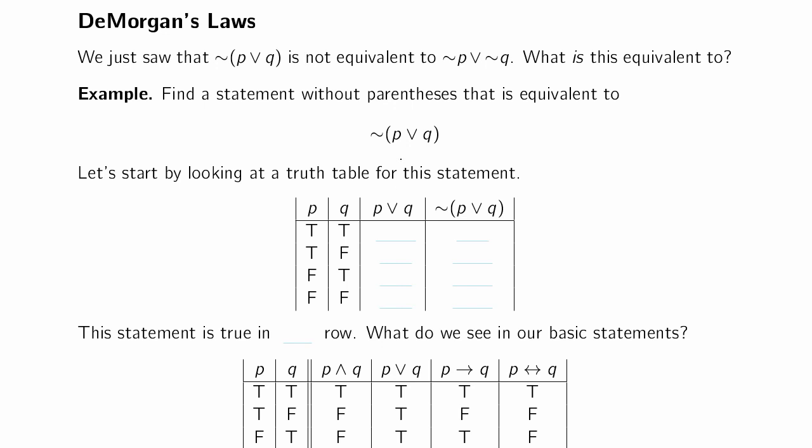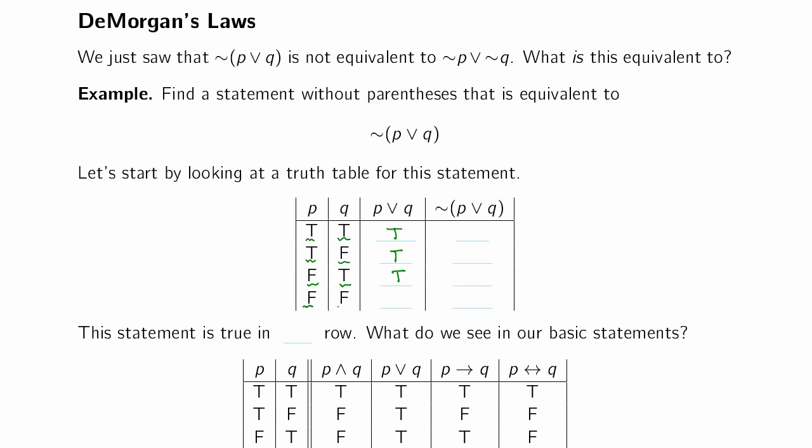Well, let's start by just looking at a truth table for this statement. So to get a truth table for not (P or Q), first we fill in the truth table for P or Q. Remember, or is true as long as at least one of the original statements is true. So true or true, that's true. True or false, that's true. False or true, that's true.